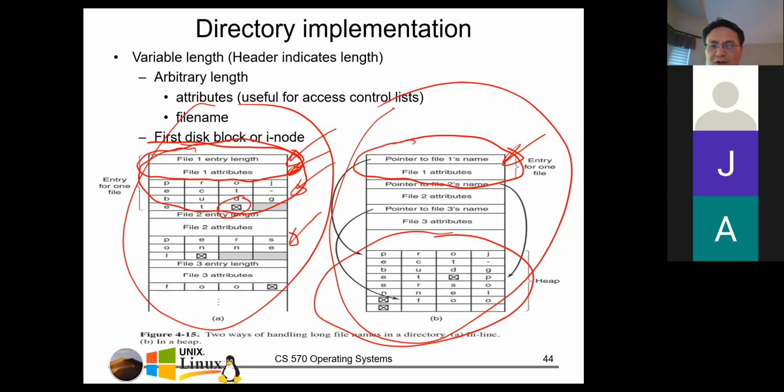Essentially, you keep the file names together in a heap at the end of the directory, while at the beginning you have all the fixed length metadata for each file. Of course, the heap must be managed, and it could grow very large and incur page faults.